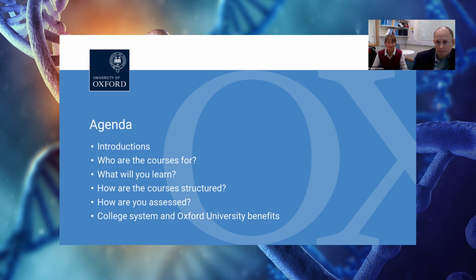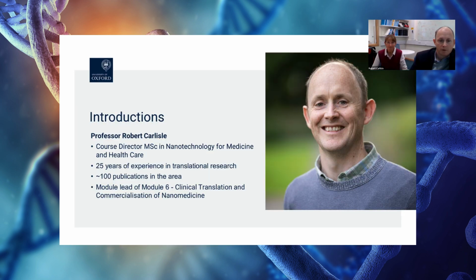And then we'll talk about your assessment, so how we judge your progress through the course. And then we'll talk about some of the other benefits that you will have as an Oxford University student, with some particular information on the college system, which may be a bit unusual and need a bit more explanation for some folks. Okay, so that's how we'll go through things.